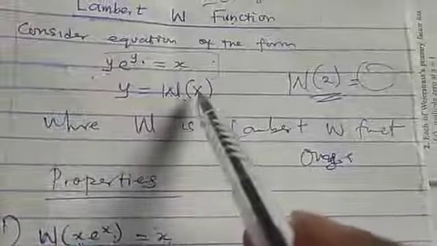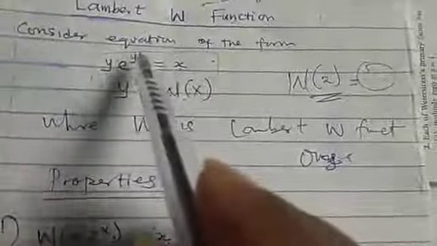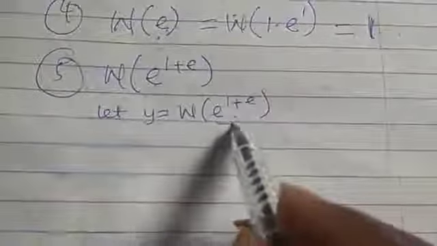So if we consider another one, W of e^(1+e), we want to find this. We cannot use this directly because it's not as direct as this. What you do is you can say that let y be W of e^(1+e). And by definition, we know that if y is equal to W of x, definitely x will be equal to y e^y. So here now we have this representing x.